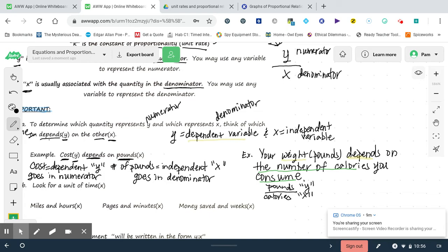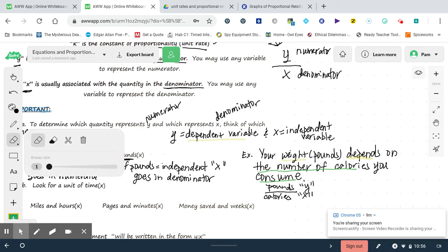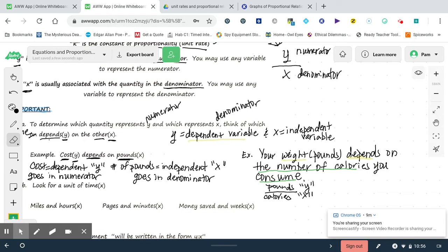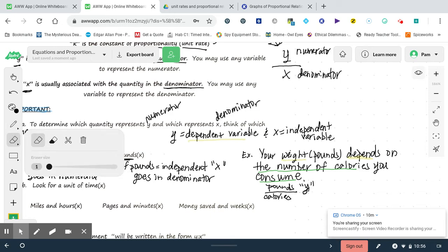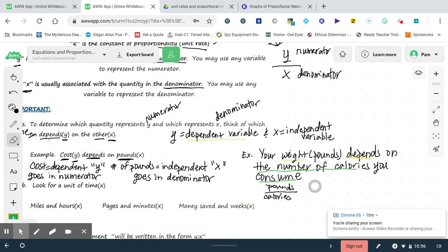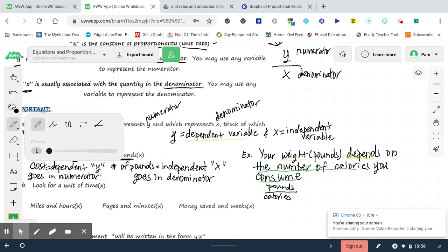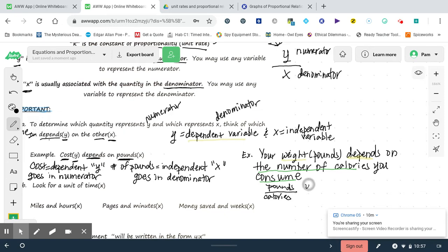Since calories is not dependent on anything, it's our independent variable, our x.